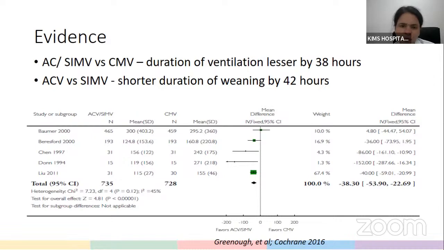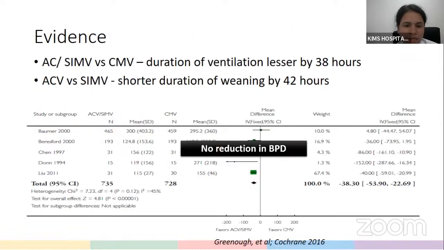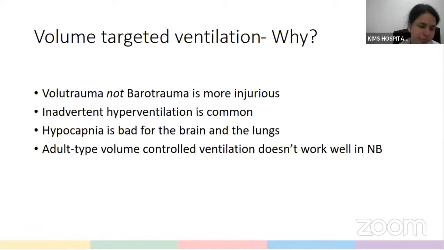So this reduces the work of breathing, and hence the overall duration of ventilation is lesser by 38 hours, which is quite a significant difference, almost 1.5 days shorter with patient-triggered modes of ventilation, although this does not translate into reduction in BPD.